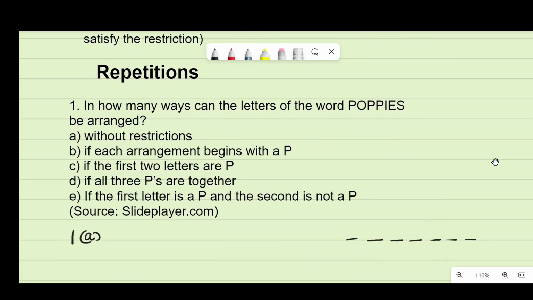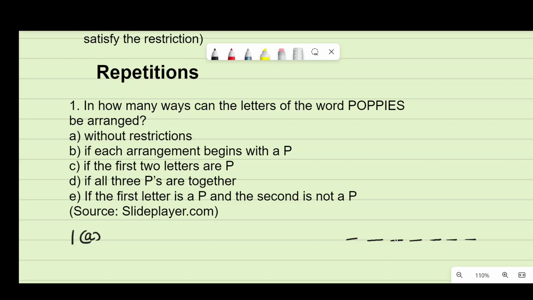In this example, how many ways can the letters of the word poppies be arranged without restrictions, if each arrangement begins with a P, and so on. Let's start with question 1A, that is without restrictions. Whenever you have a question, you can always check the number of positions and how each position is filled.